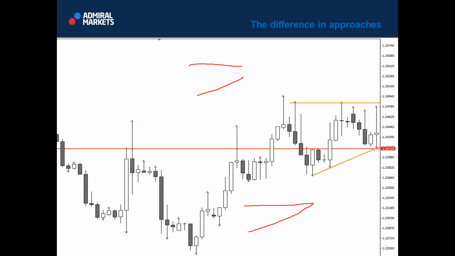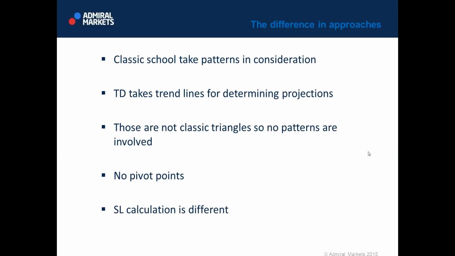When you see an ascending trend line, classic school usually wants to take a breakout of the upper flat trend line. Classic school tells us you can go long when the price breaks and retests the top trend line. Tom DeMark does it differently. He wants to take this breakout, which he calls a demand line, and he wants to take a breakout of the demand line to the downside.